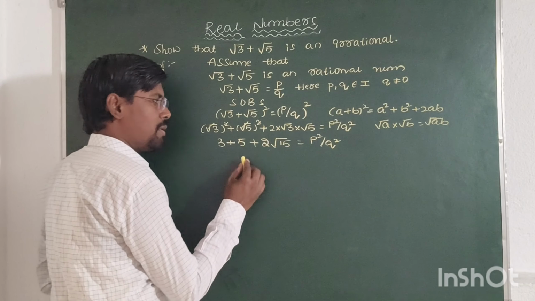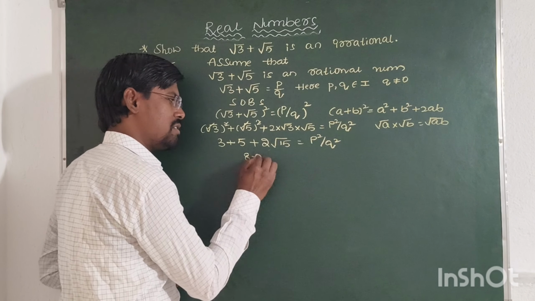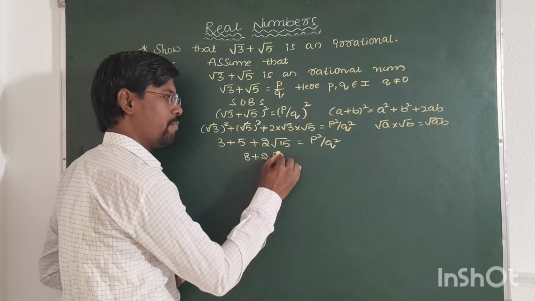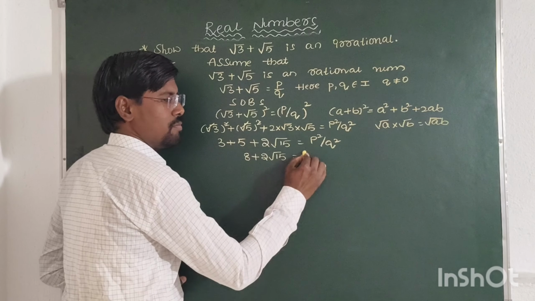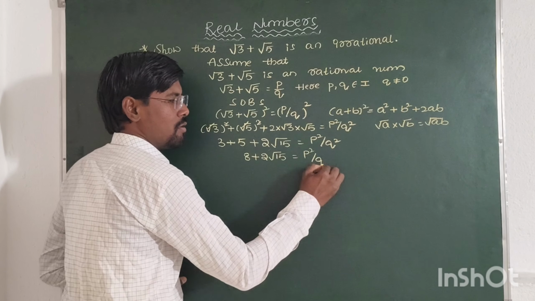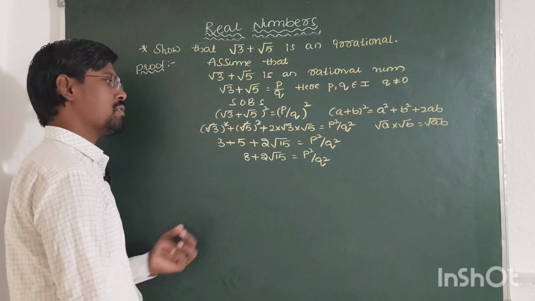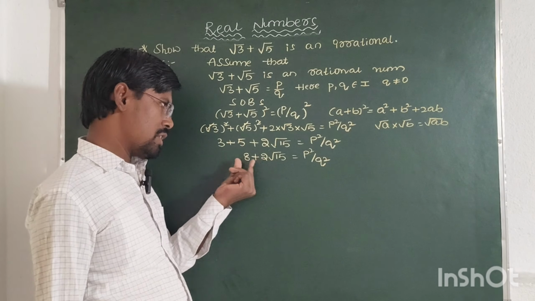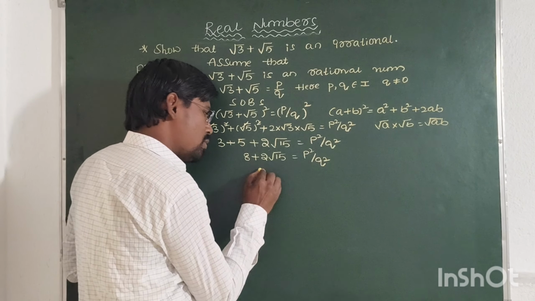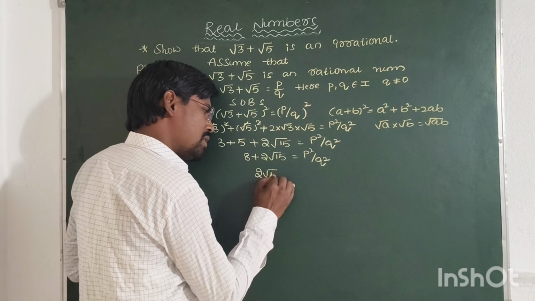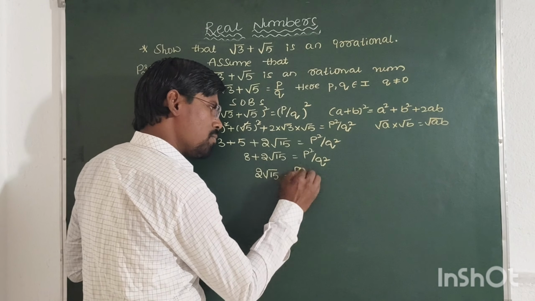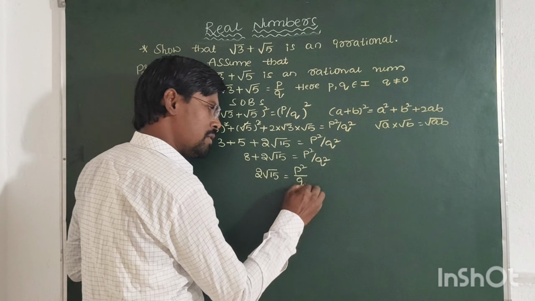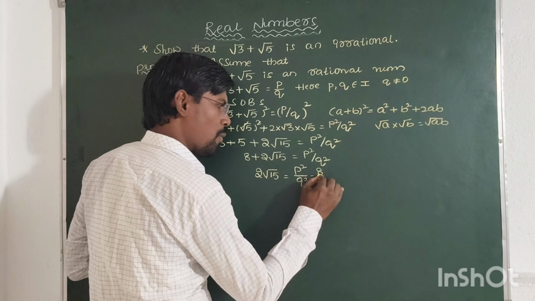Next, 3 plus 5 becomes 8, so 8 plus 2 root 15 is equal to p square by q square. Now let us separate rational numbers to one side and irrational numbers to the other side. 2 root 15 is irrational, 8 is rational. So 2 root 15 is equal to p square by q square minus 8 by 1.